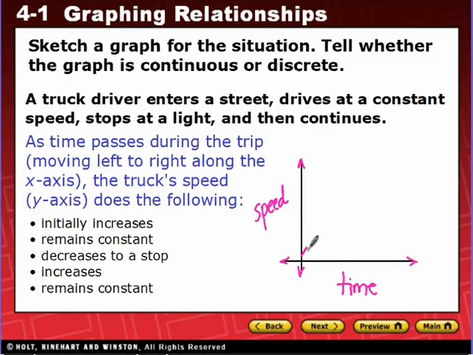Notice you don't have to put numbers on the line for this one. And so he enters the street, so he's speeding up as he enters the street, and then he drives at a constant speed, and then he stops at a light. He doesn't just slam on the brakes, so he slows down to a stop, and then he continues. So then he speeds up, and he continues. It's going to look something like that.